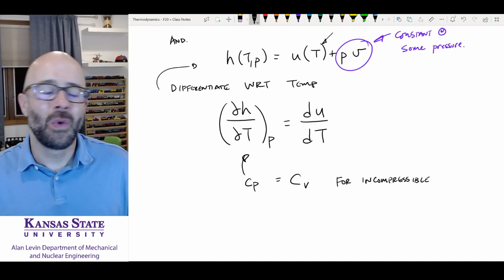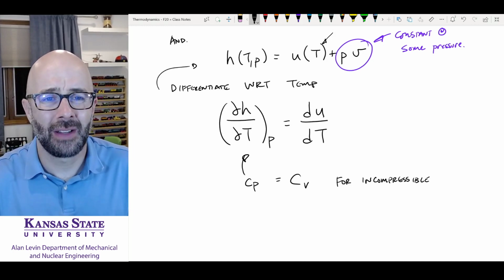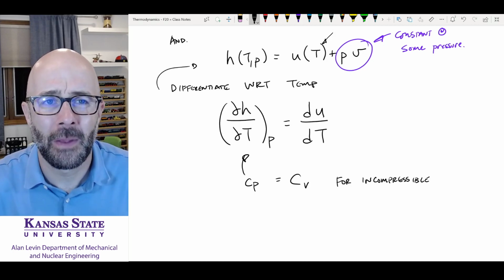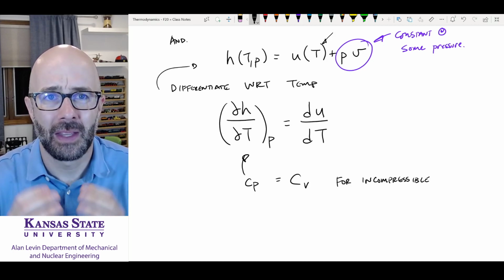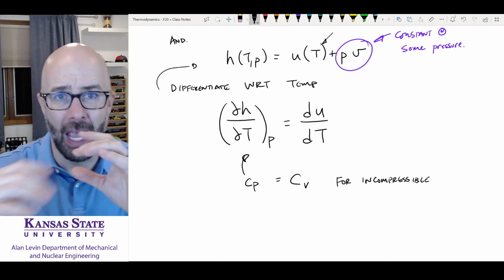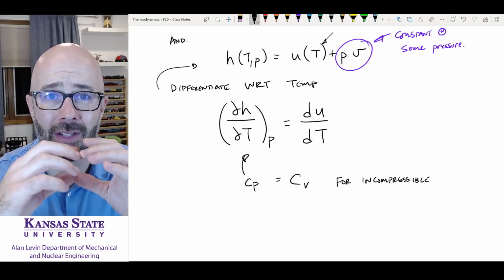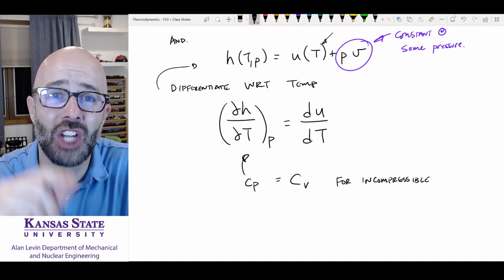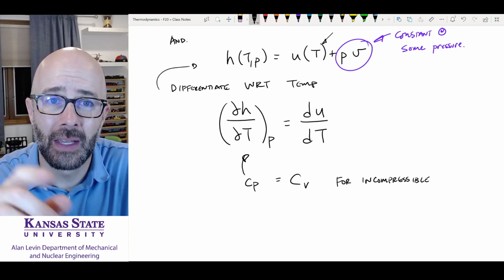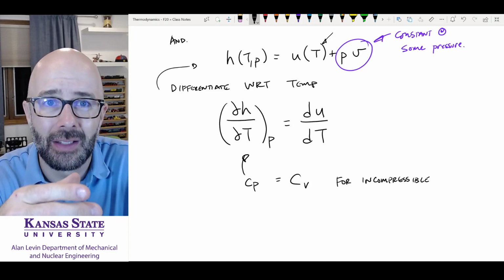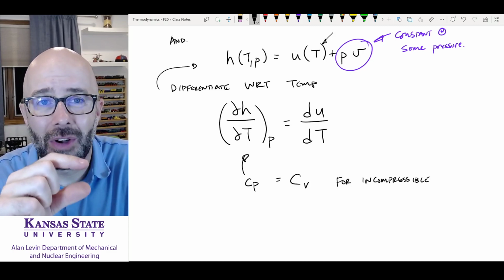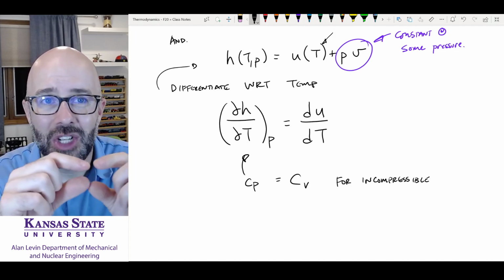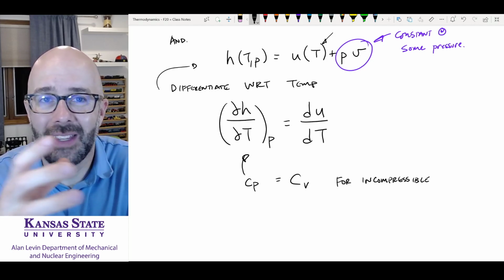Okay, now, we've shown this mathematically, equation-like. Let's talk about this with common sense. Remember what we said for C sub P, the specific heat at constant pressure, and for C sub V, the specific heat at constant volume: the energy required to change the temperature 1 degree. Well, solids are not going to change their volume, and they're not going to change their pressure. There's nothing there. They're just solids.